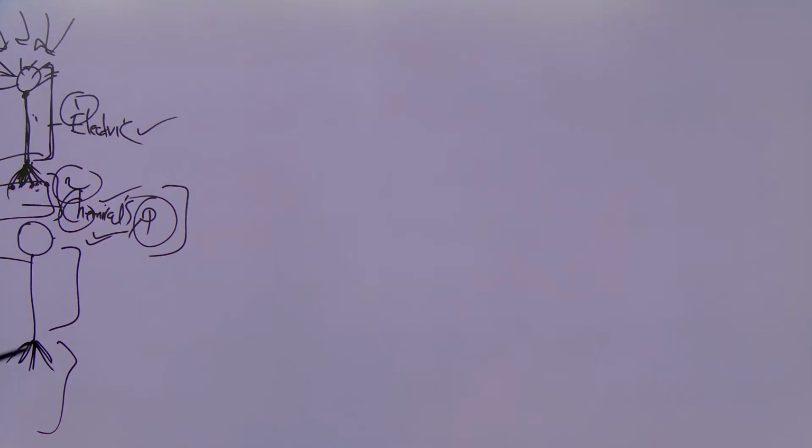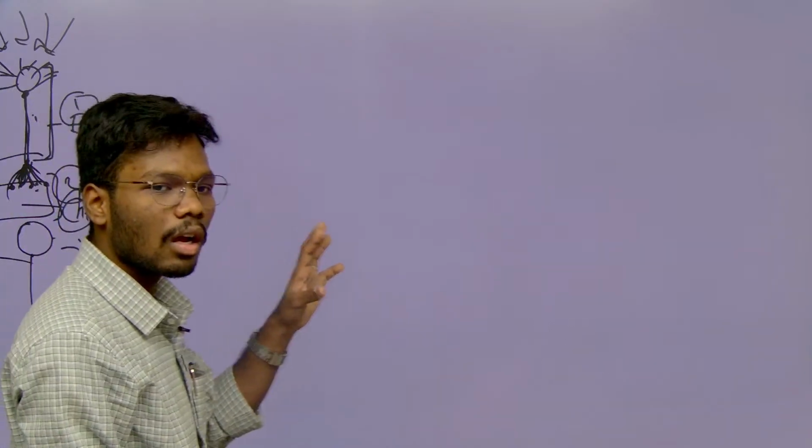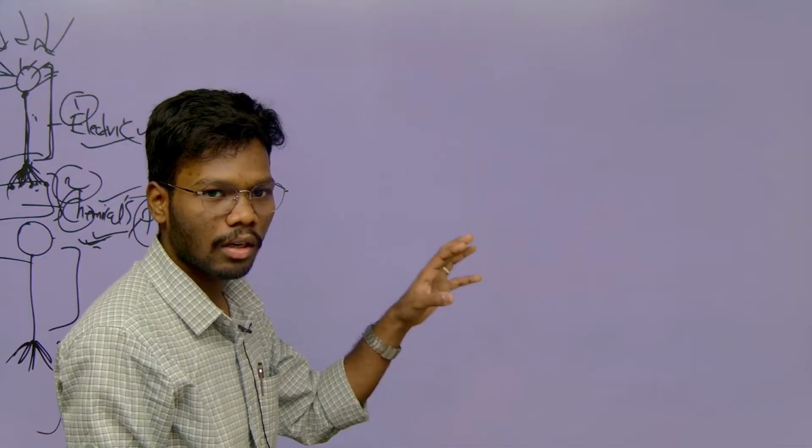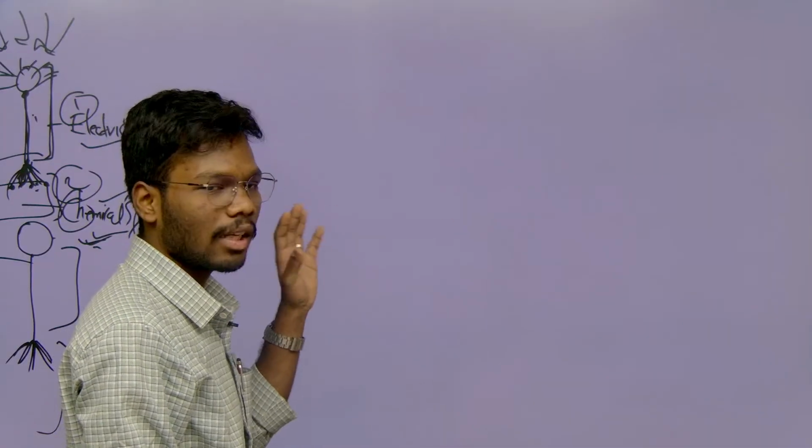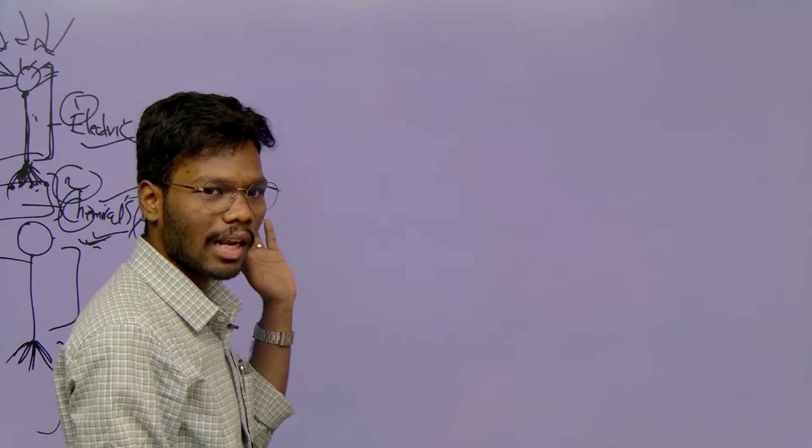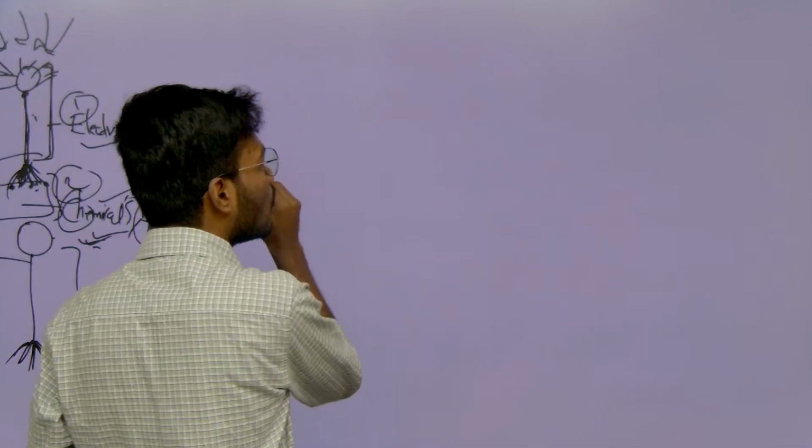Along the neuron, the signal is transmitted electrically. In between neurons, the signal is transmitted chemically. We know this is the neurotransmitter. Now we will see how the action potential is generated, how one neuron gets excited and transfers the nerve impulse.